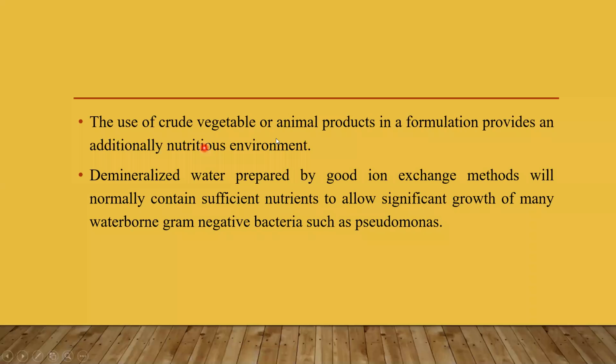The use of crude vegetable or animal products in a formulation provides an additional nutritional environment. If crude vegetable or animal products are used in the formulation, these are also very nutritious for the bacteria for their growth.